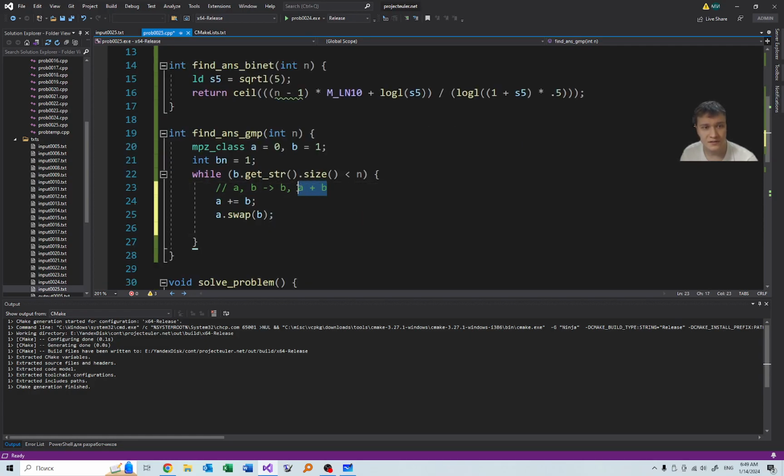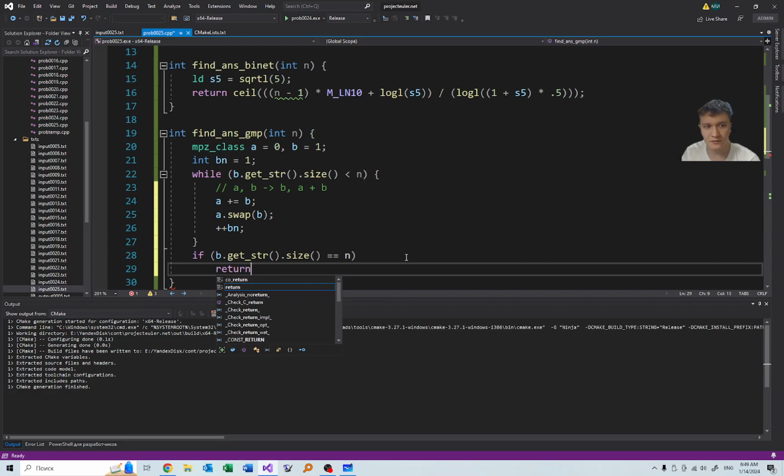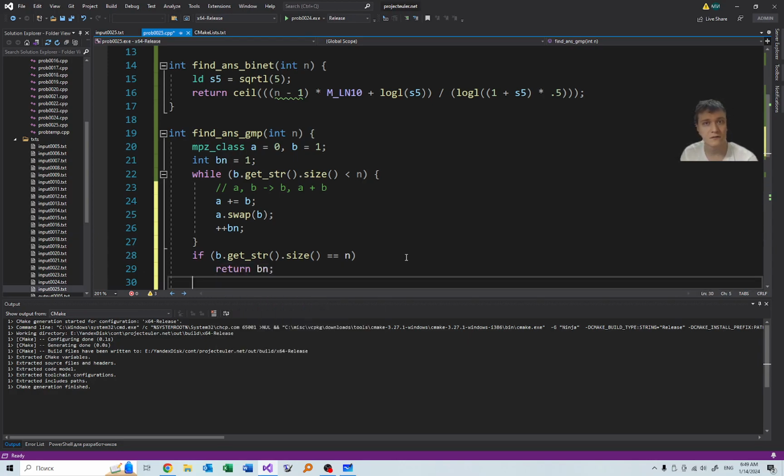Okay, now this is it, and after that we need to say plus plus bn. Okay, in the end, if b.get_str().size() is n, we can return bn. However, if for some reason it jumped over this length, which it couldn't, we return -1, or even let's throw something. Throw runtime error.